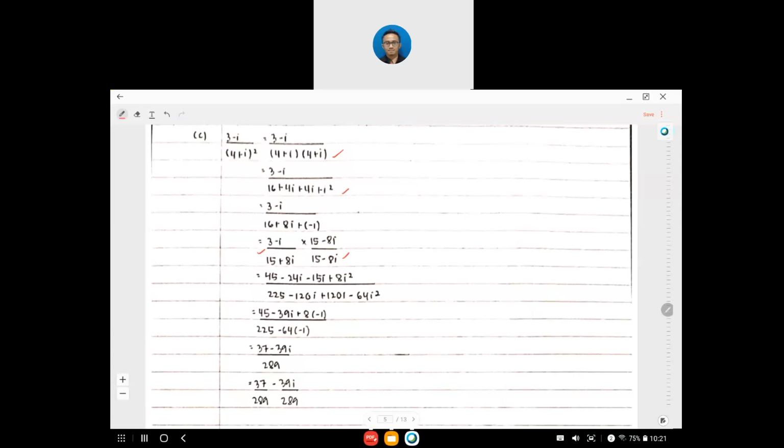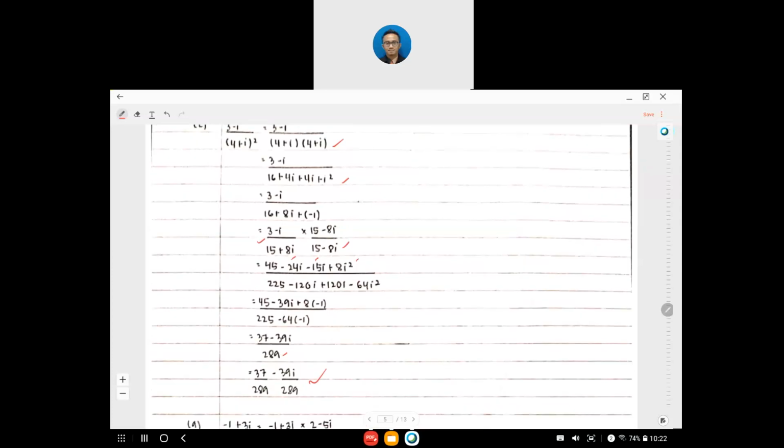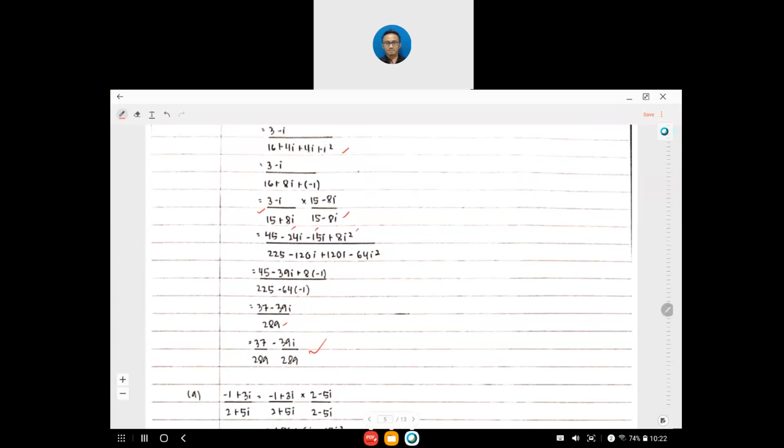You can get 3 times 15, 45. 3 times 8, negative 24i. Negative 15i and plus 8i squared. Okay, denominator, you get 289. And then the final answer, 37 over 289 minus 39i over 289. That one is for question C.